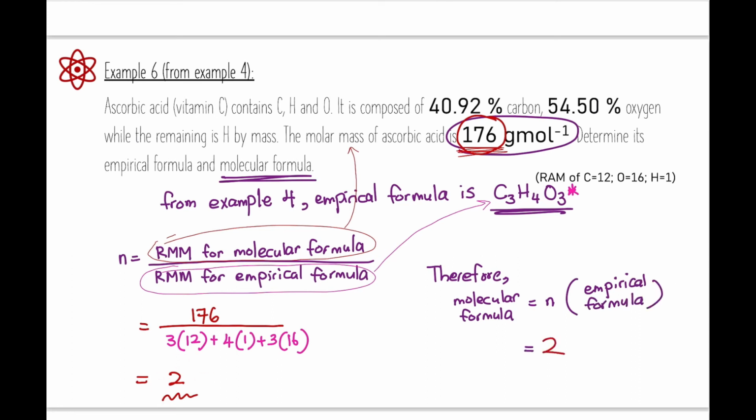Since the value of N is 2, therefore the molecular formula of ascorbic acid is C6H8O6.